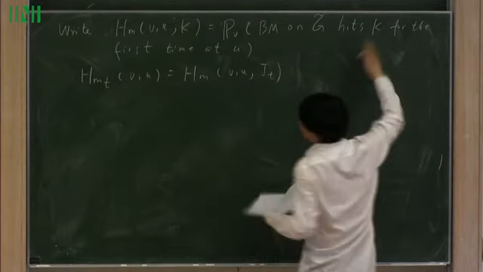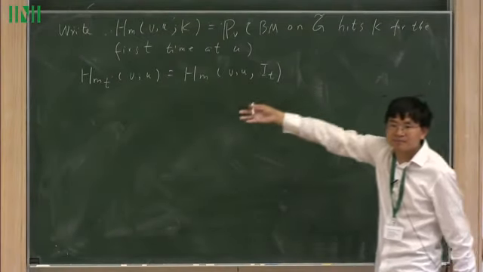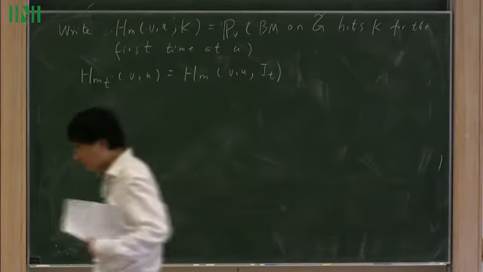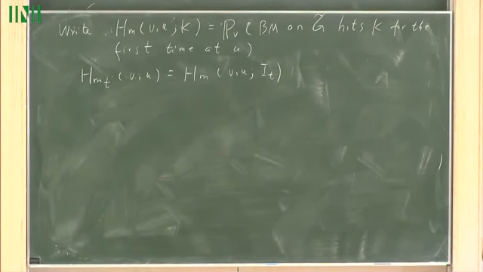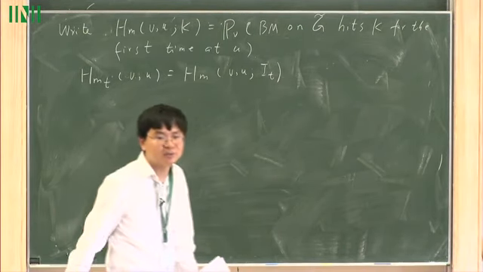The Brownian motion also will be killed at the boundary, because when I define the Gaussian field with the Dirichlet boundary condition, the Brownian motion will be killed when it hits the boundary. That's how we define the Green's function here.